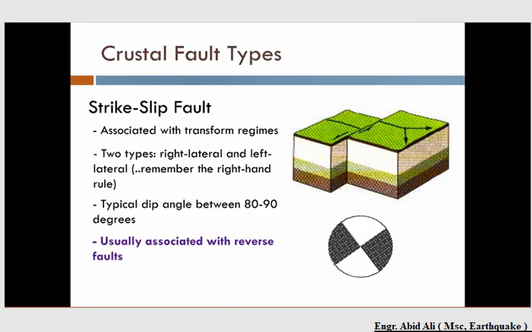In other words, if these people are shaking hands across the fault, the person across the fault would be moving to their left, so it's a left lateral fault. Typically, these dip angles are around 90 degrees, so you have basically a vertical fault, and we usually see this with strike slip faults.